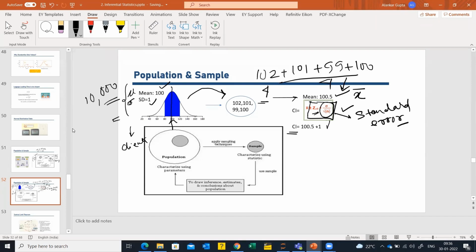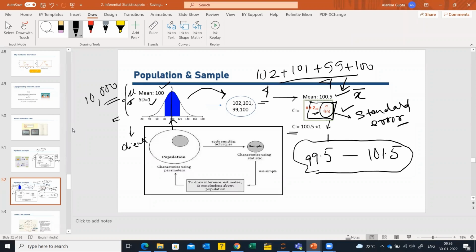For now, this is 1. So your confidence interval is 100.5 plus minus 1. So you can say that the length of my cloth can be between 99.5 and 101.5. So this is my confidence level based on this sample.